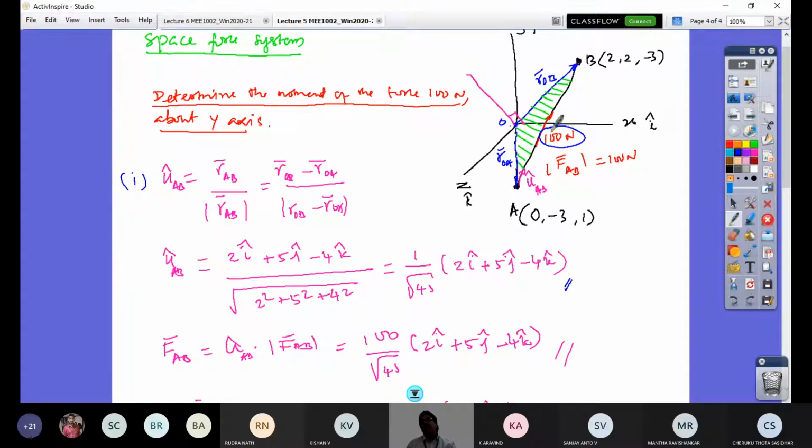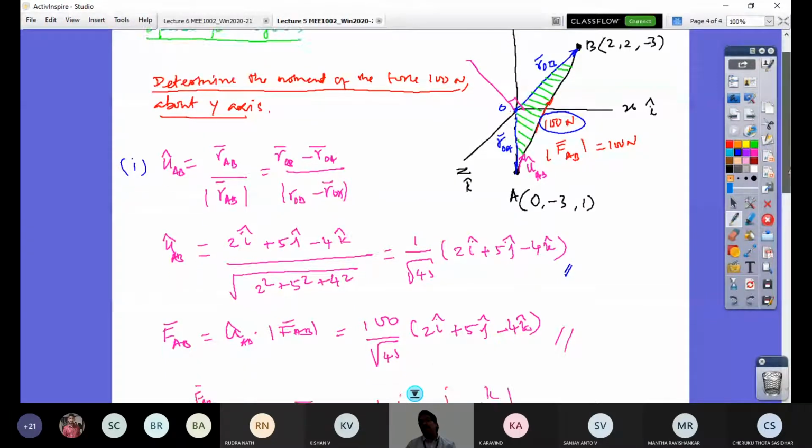So I have to find the components of this force parallel and perpendicular to the y-axis. The parallel component to the y-axis will not participate in the moment equation. The perpendicular component of this force to the y-axis is what is responsible for the moment about the y-axis. If I know its magnitude, I can find the shortest distance between this line and that.